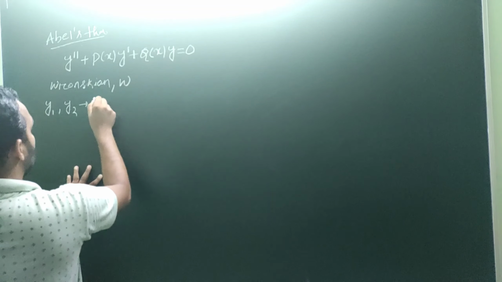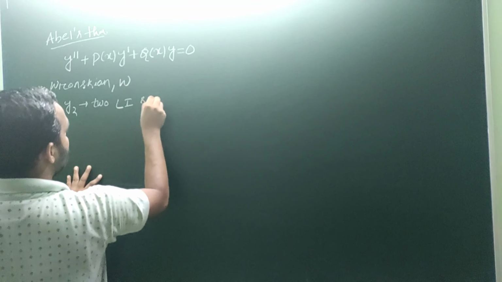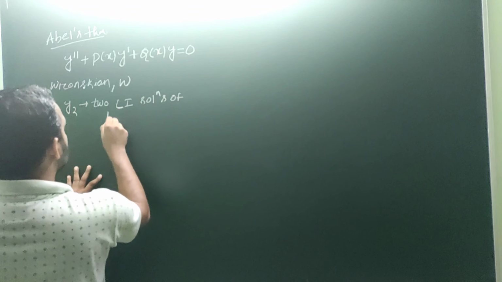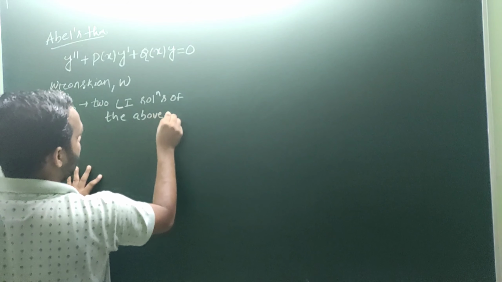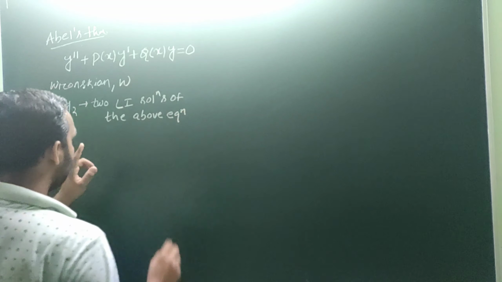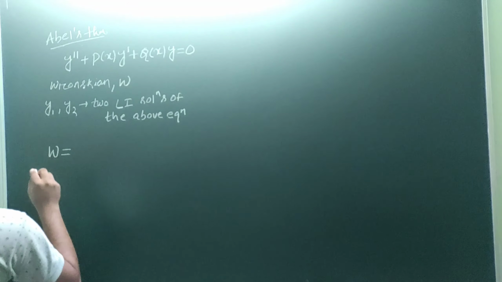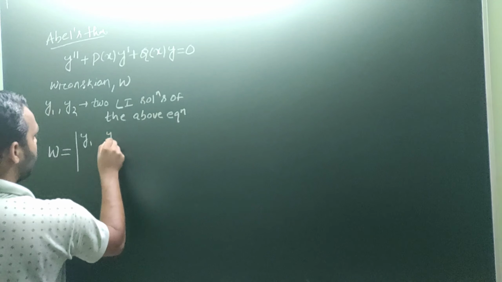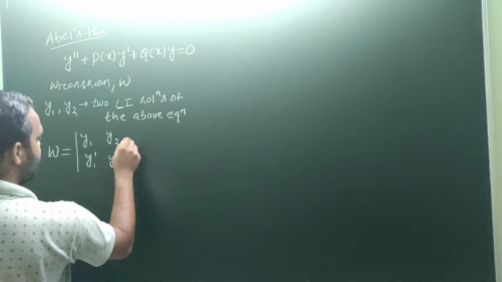These two are linearly independent solutions of the above equation. Remember, the Wronskian is written as W is equal to the determinant of y1, y2, y1 dash, y2 dash.